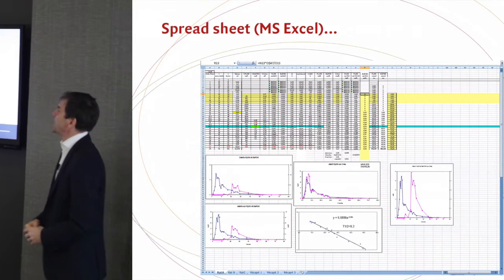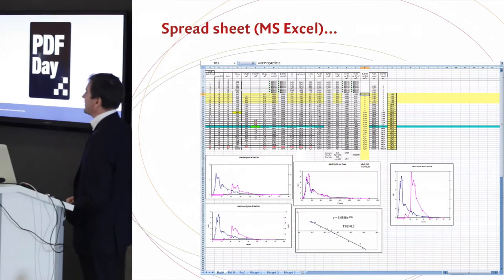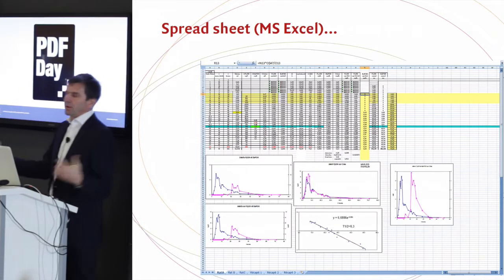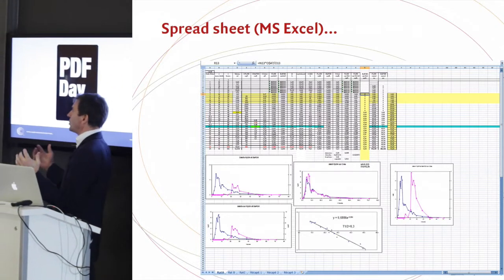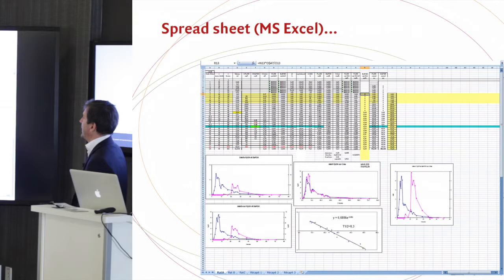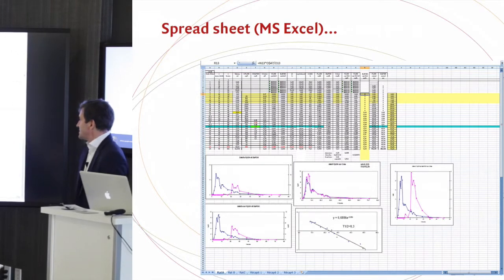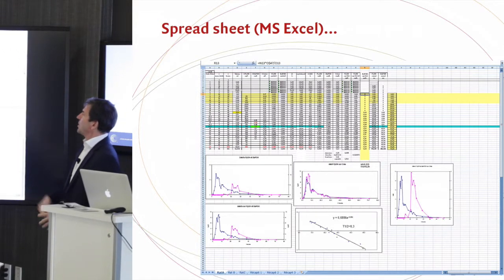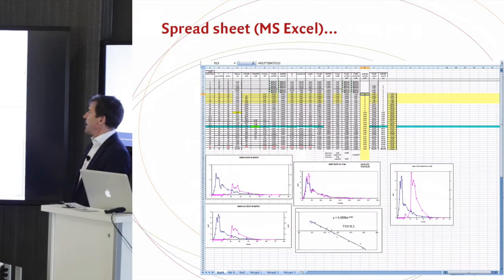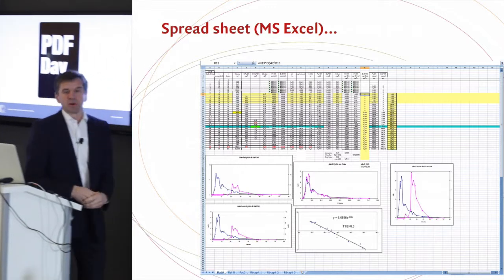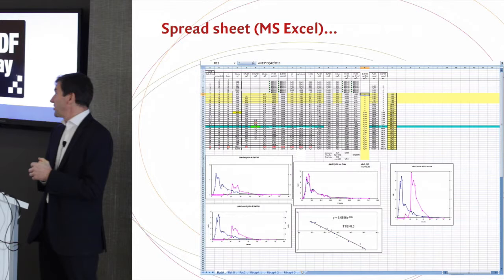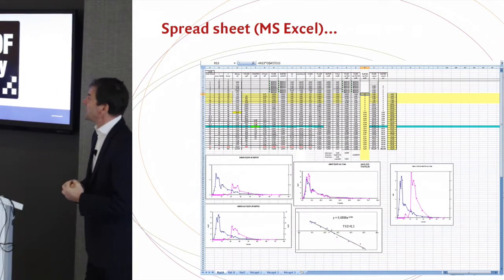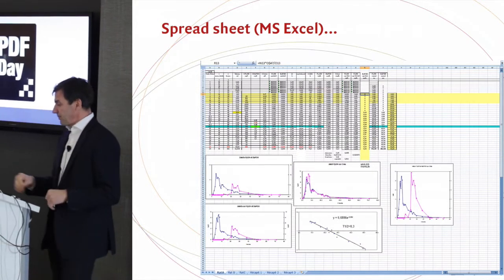It's easy to convert that into a PDF-A file in order to make sure that in 20 years, 50 years, whatever from now, when there is no Excel anymore that can display this spreadsheet, I can still view it by just converting it to PDF-A. We are pretty sure that there will be a PDF-A viewer around in whatever operating system they will have at that time that will be able to display that file, so no problem.